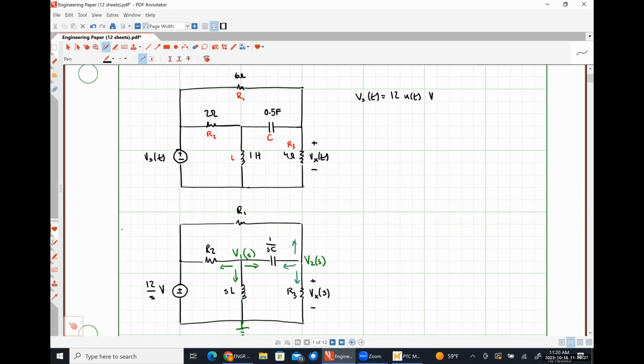That is easy to figure out. What are the actual units of this thing? So 12 is in volts, but what are the units of s? It's a frequency, so it's actually per second. So we would have 12 volts divided by per seconds, giving us volt seconds as our unit.